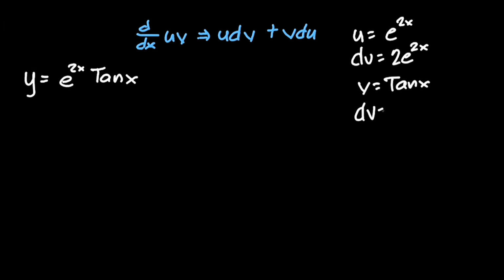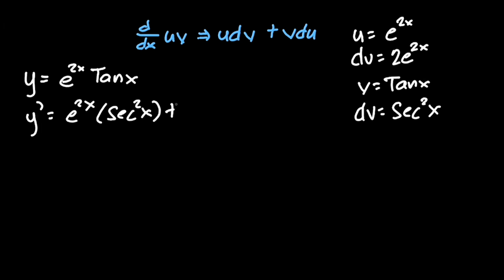Derivative of tangent of x would be secant squared of x. Y prime now would be e raised to the power of 2x multiplied by secant squared x plus tangent of x multiplied by 2e raised to the power of 2x.